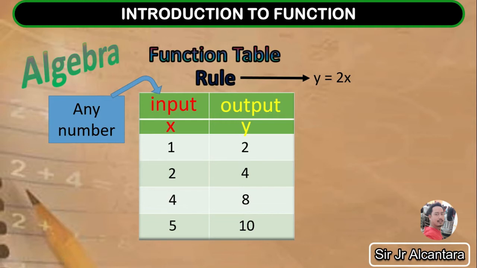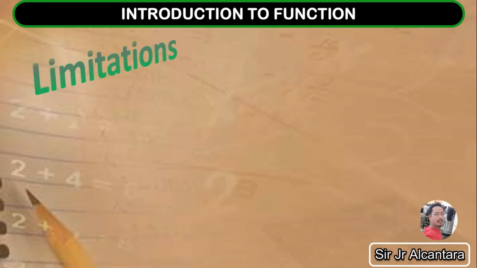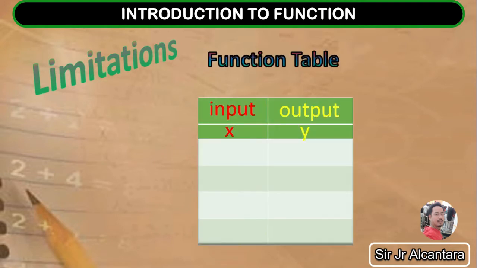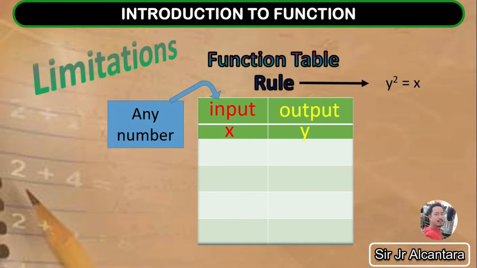Sa algebra, yan ang ibig sabihin ng function. Connects one set to another set. Pero may limitations. Function table. Input x at output y. So, input natin is any number at ang rule naman natin, y squared is equal to x. Kapag linagay natin dito yung 4, y squared is equal to 4.